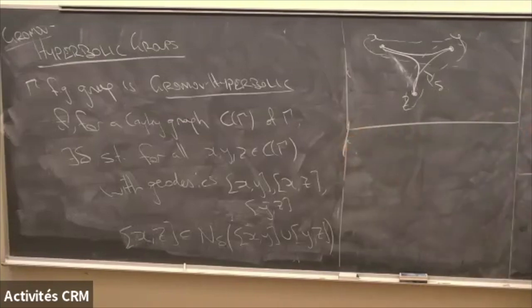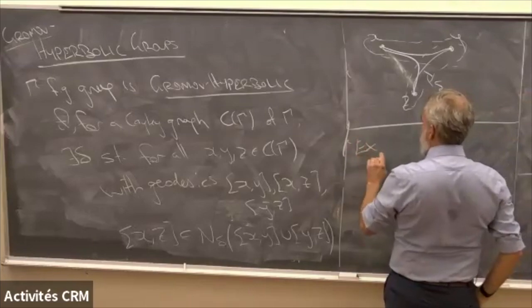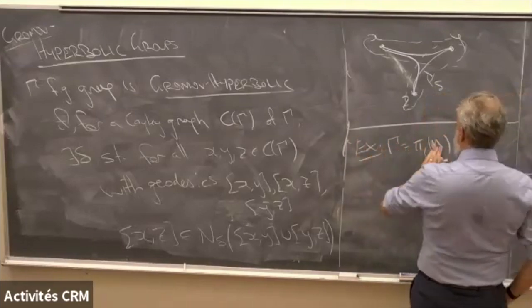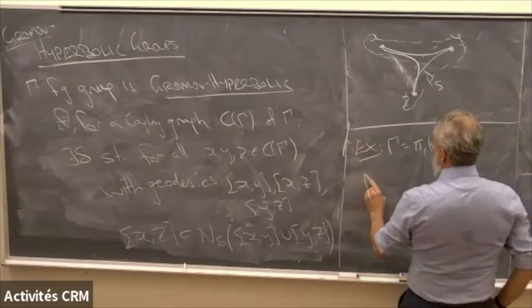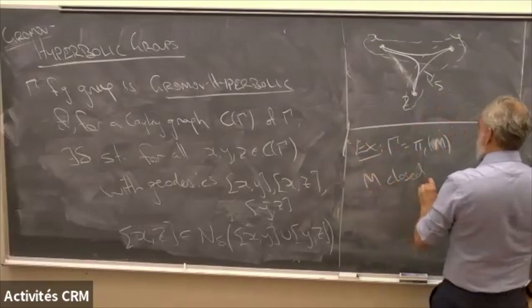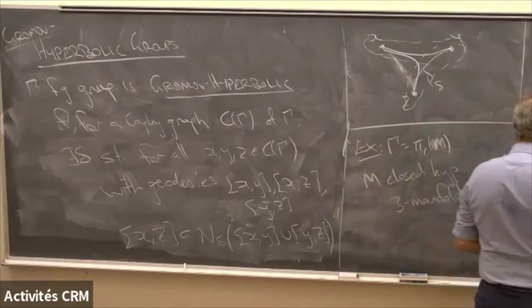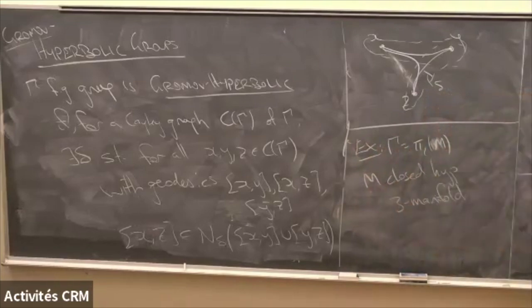So, all right. So this is a very important class of groups, and we haven't seen any of them yet this week. But for us, a motivating example is Γ equals π1 of M, where M is a closed hyperbolic 3-manifold. 3 can be replaced by any other n that you like, and many other groups as well.